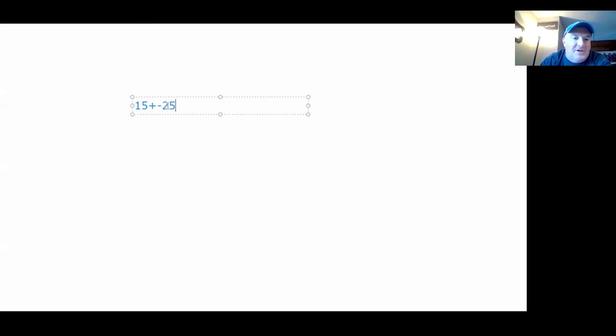All you have to do is figure out that this is going to be a subtraction problem. So you could just reshape this into 25 minus 15, and keep in mind that it's going to be a negative number, and it's going to end up being -10.